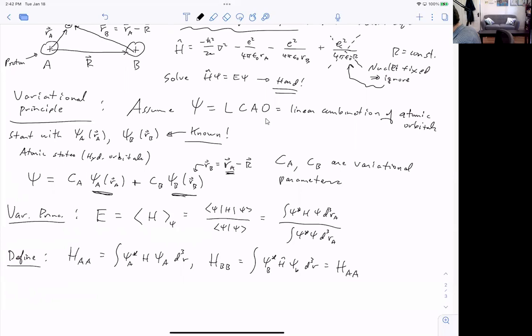So I'm just defining some integrals right now, and there's a reason why I'm doing it, as you'll see in a moment. Let's define HAB as the integral of psi star A Hamiltonian, and the Hamiltonian is defined up above.